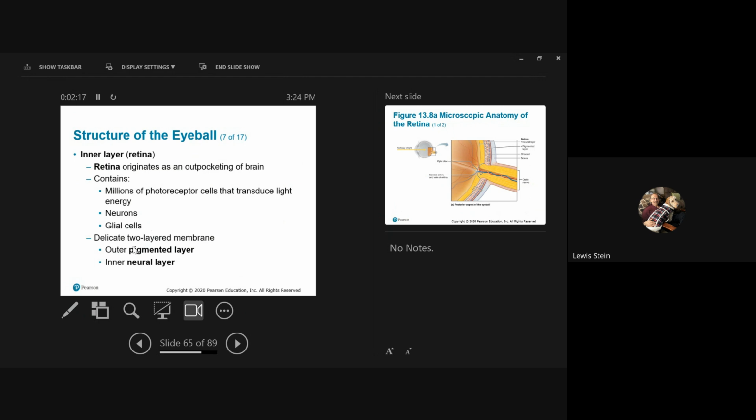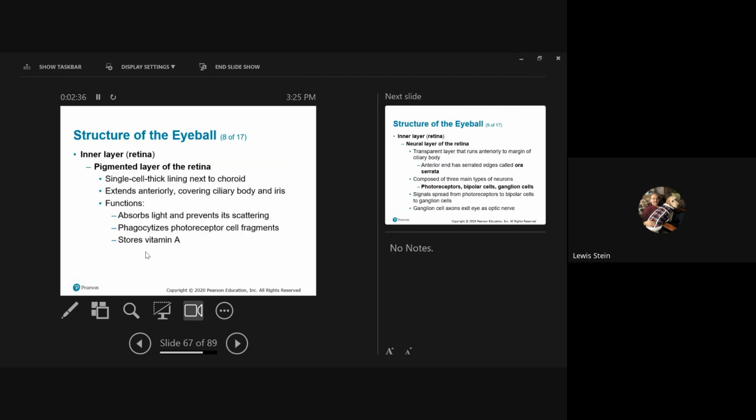Again, this is very delicate. That signal is going to go through the retina and go to this outer pigmented layer. That means the light doesn't hit immediately. It goes through to that outer pigmented layer, and then that's where the signal gets triggered. We'll get to that shortly.